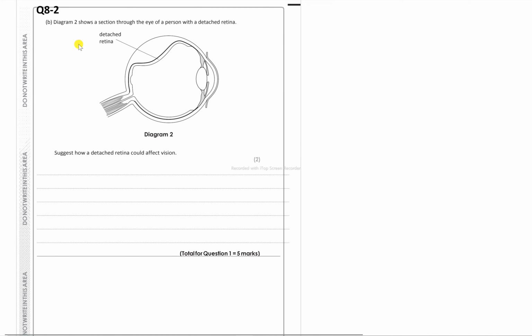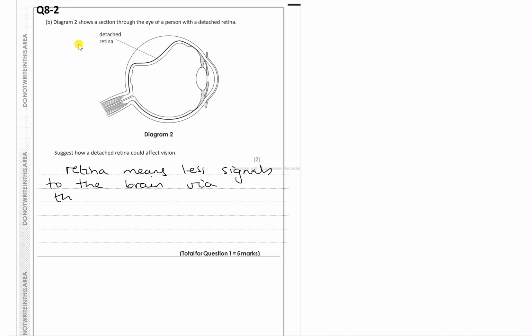Right, let's have a look. So a detached retina means less signals to the brain via the optic nerve.